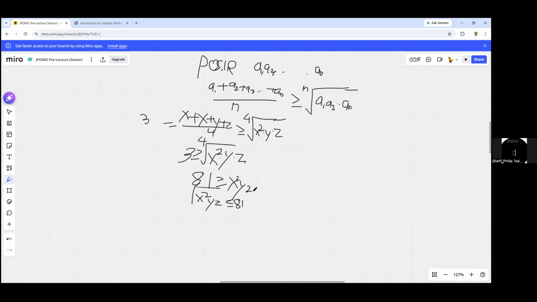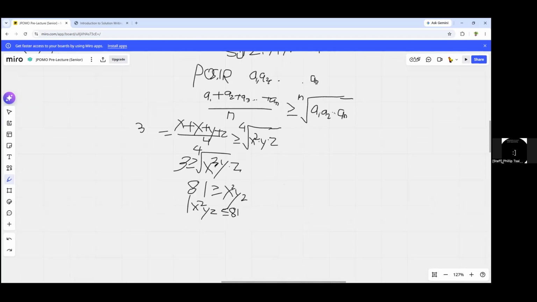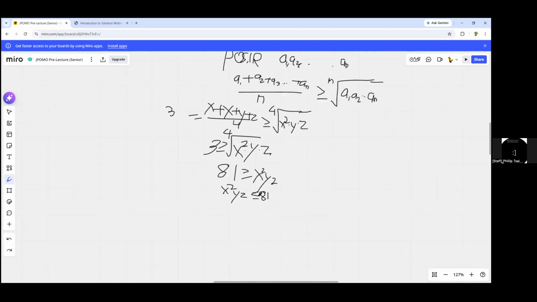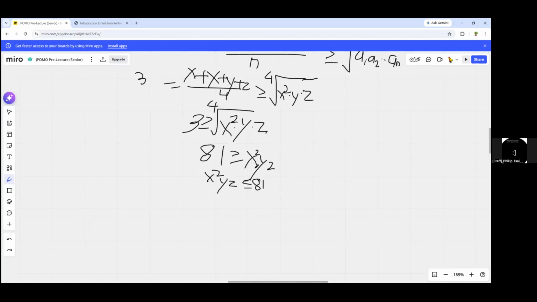We have an upper bound for x squared yz. But again, we may or may not be done with this question.